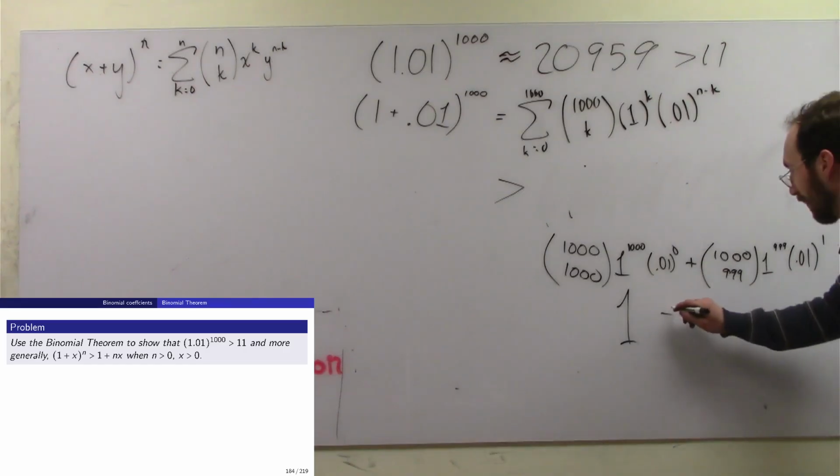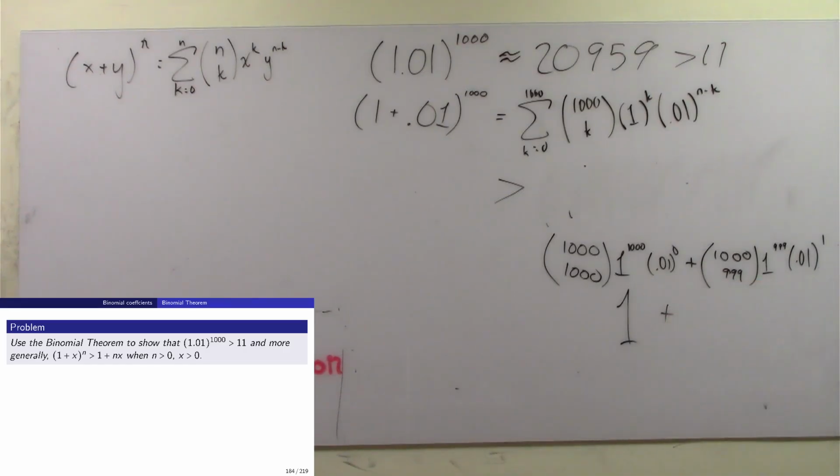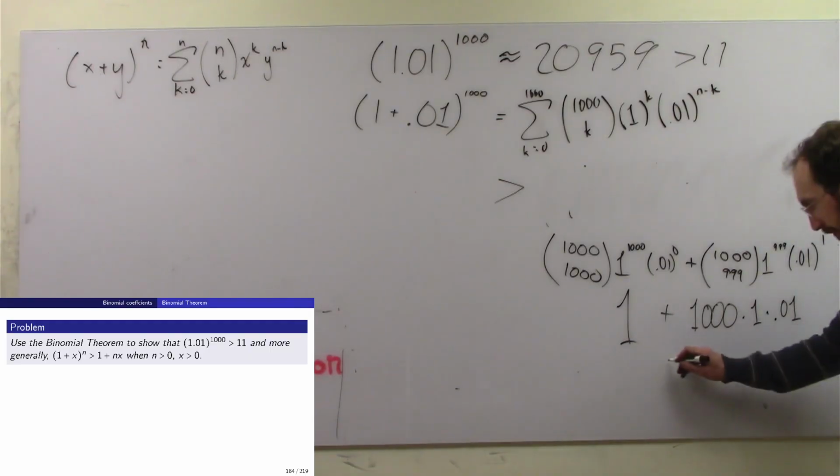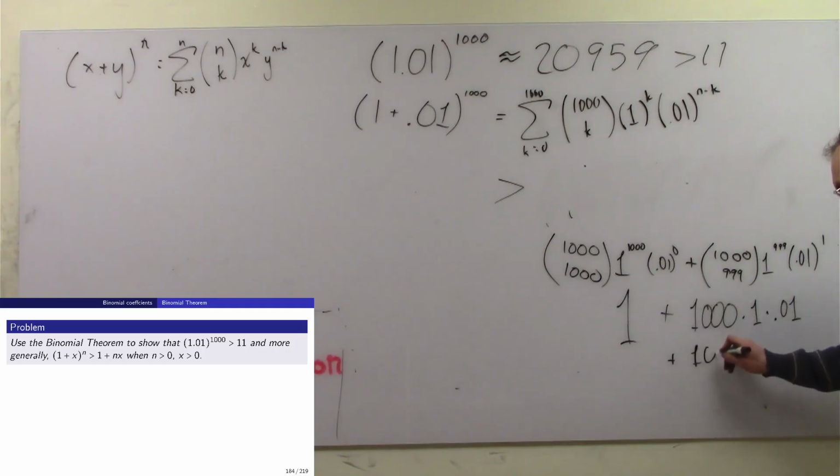And then what's this next one? 1,000 choose 999 is 1,000, times 1 to the 999, which is 1, and then times 0.01. And 1,000 times 0.01, well, that's just 10.